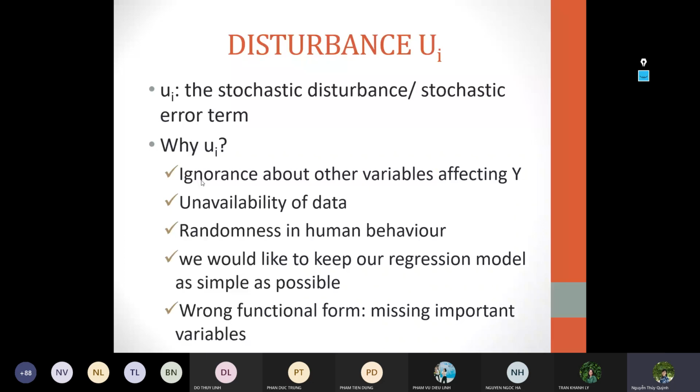Maybe we do not know about their existence. Sometimes we know that some variables affect the value of Y, but we cannot obtain the observed data for those variables. Without the data, you cannot bring those variables into the model. That is the second reason.